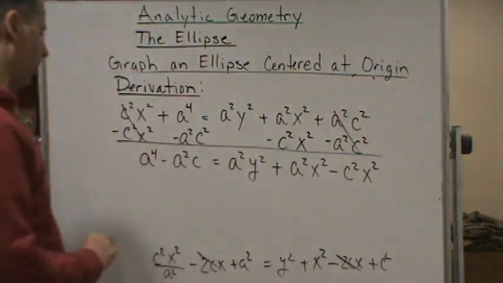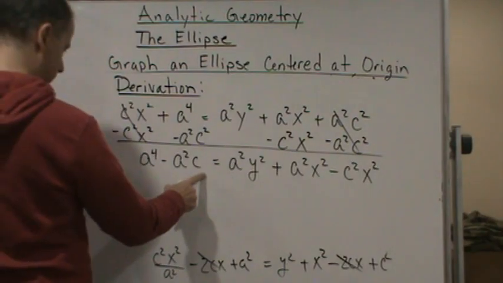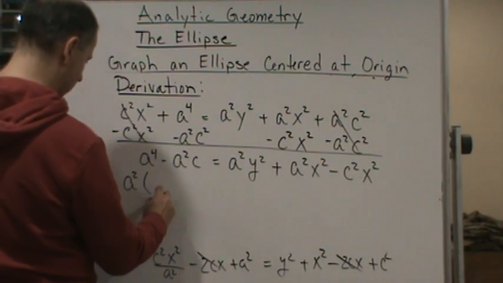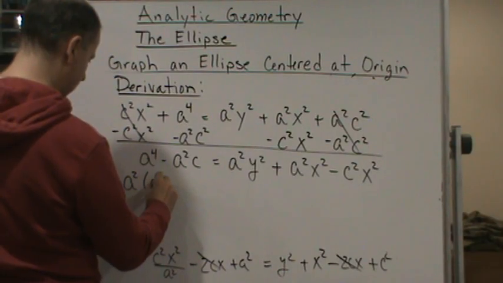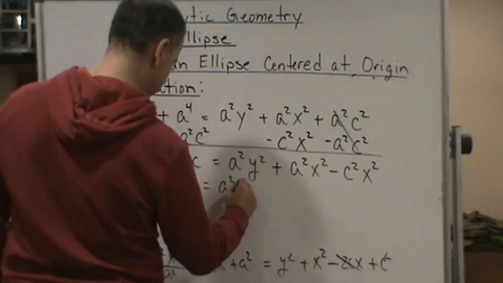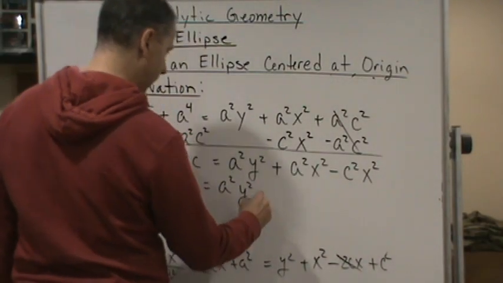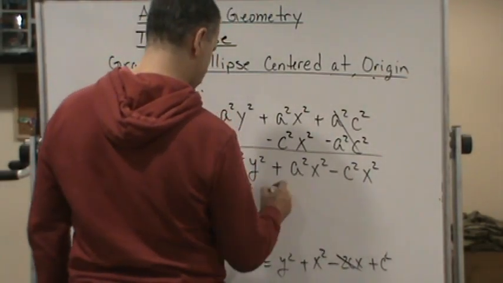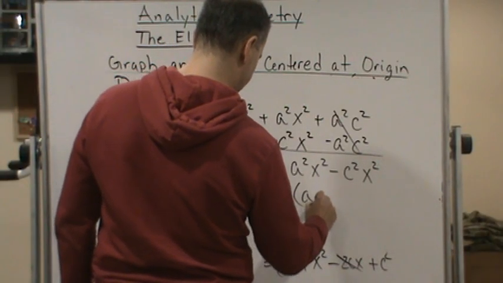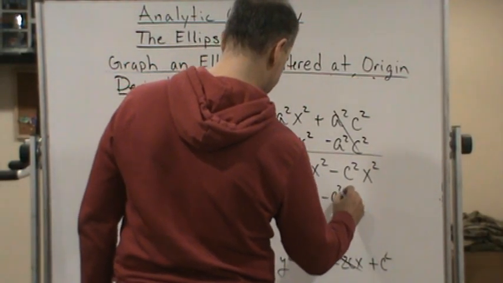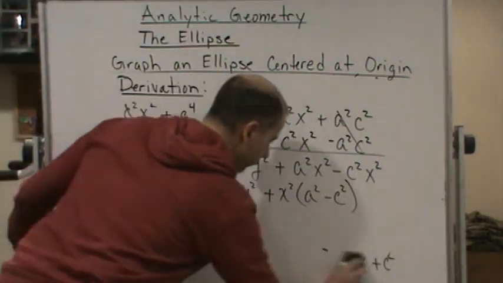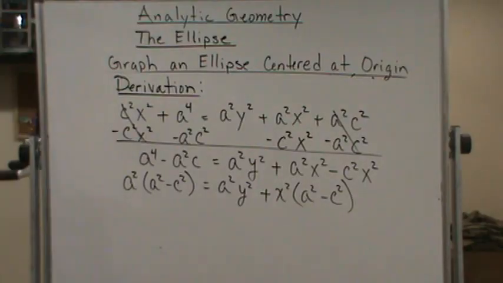All right, cool. So now, if I factor out an a squared here, I get a squared times a squared minus c squared equals a squared y squared. And I can also factor out an x squared here, so this would be plus x squared times a squared minus c squared. All right. Now that's where we want to be.